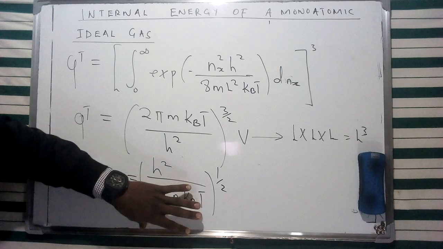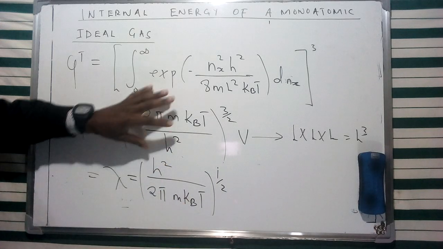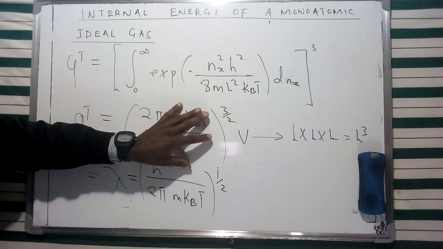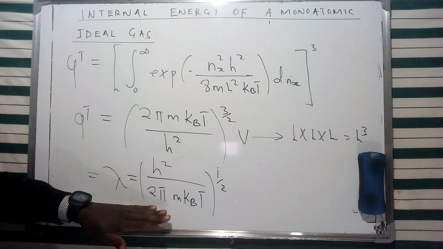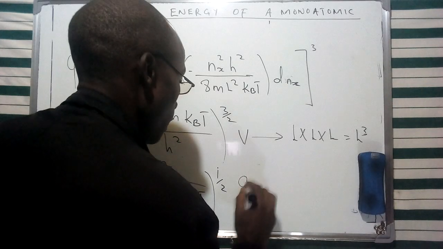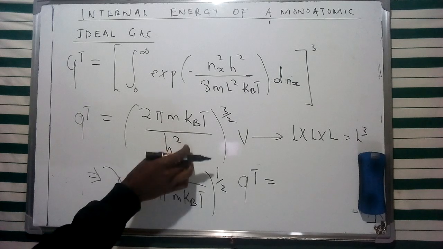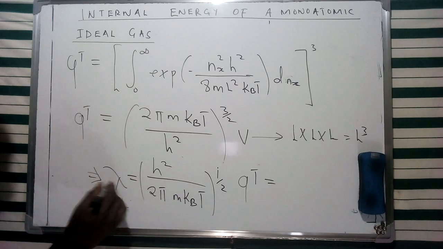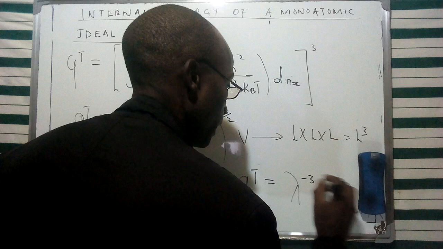So if we look at our specific results for this particular integration, it has a component of the de Broglie wavelength, and therefore we can reduce this result and give it in terms of a factor of the de Broglie wavelength. Our q_t is going to be given as an inverse of lambda, which gives us an equation of the form lambda to the negative 3V.